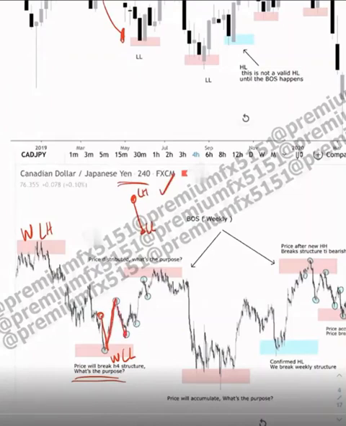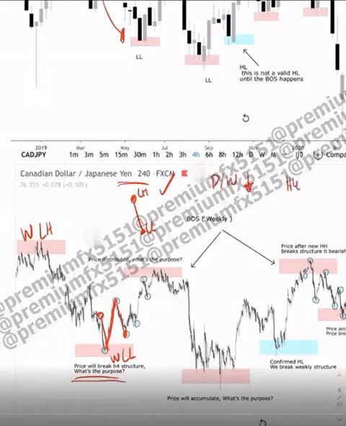I'm not going to be teaching entries right now. I just want to tell you the concept of the impulses and where exactly to look for buys and sells in what type of scenario. But again, once you have H4 in a bullish scenario, if you remember what I was saying just before, now we have daily and weekly bearish, right?